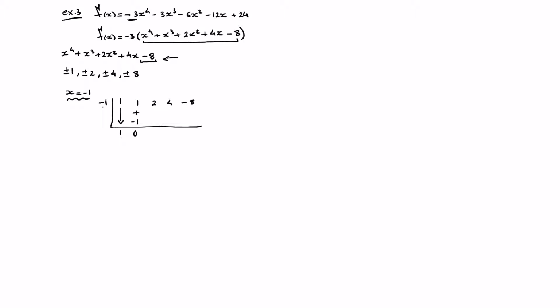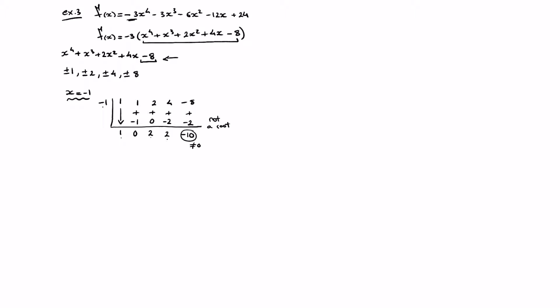Negative 1 times 0 is 0. 2 plus 0 is 2. Negative 1 times 2 is negative 2. 4 plus negative 2 is 2. Negative 1 times 2 is negative 2. And finally, negative 8 plus negative 2 is negative 10. And since this is not equal to 0, this is not a root.